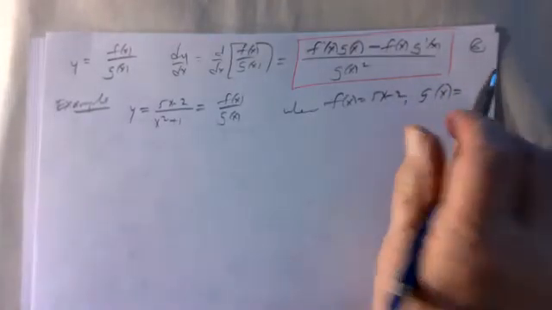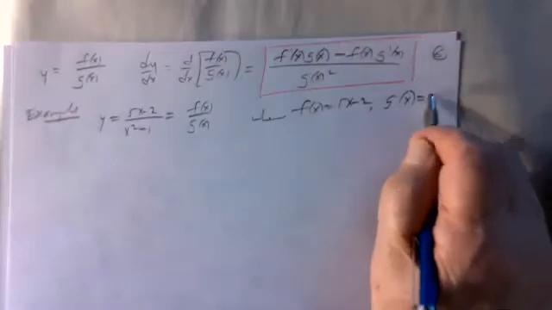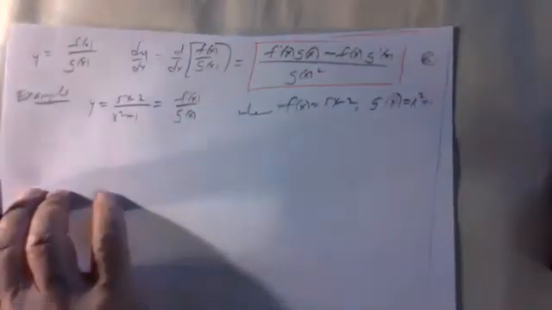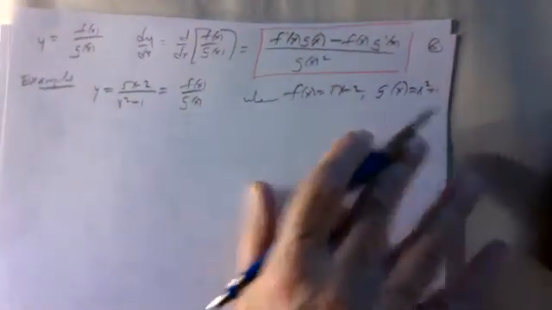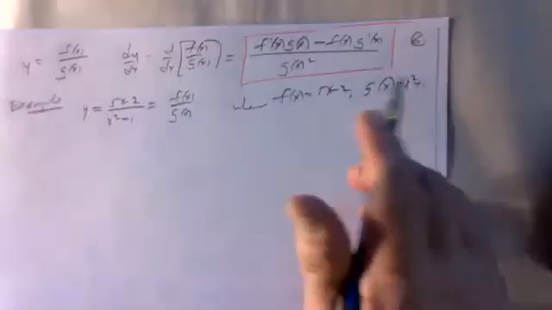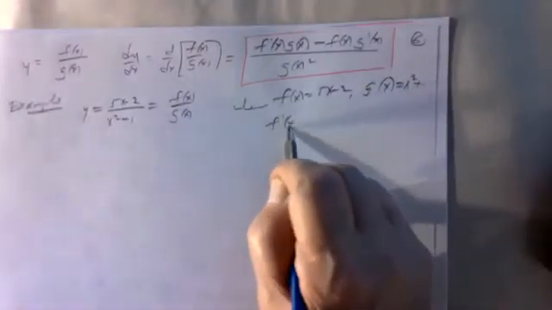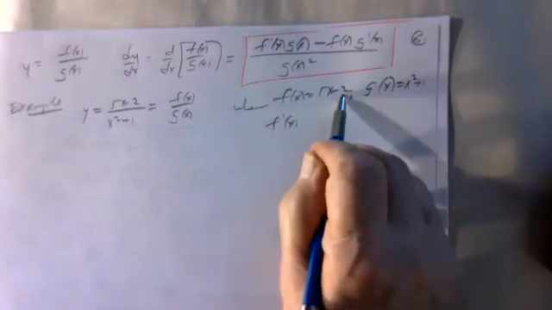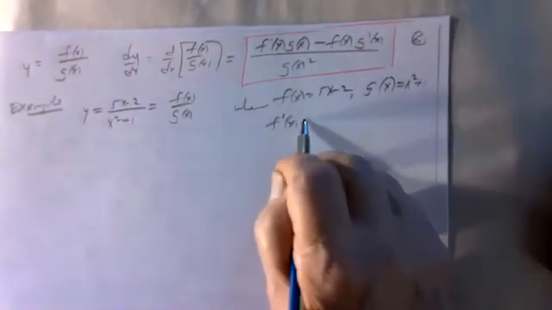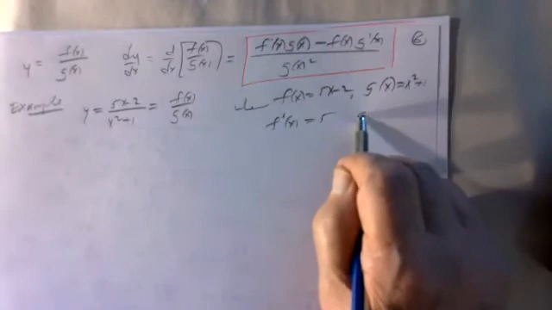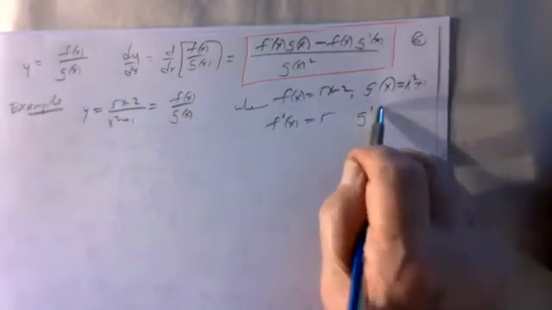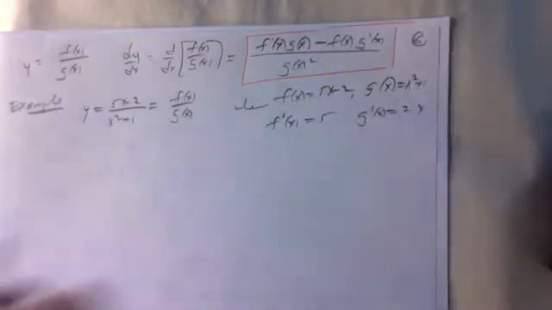The denominator is x squared plus 1. Now, you have to be able to differentiate the numerator and the denominator. But these are easy. If f of x is 5x minus 2, the derivative is 5. If g of x is x squared plus 1, the derivative is 2x.